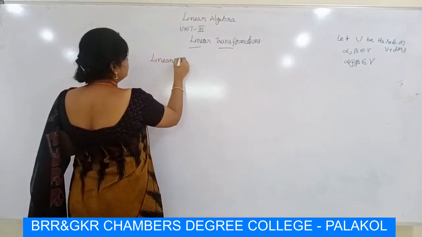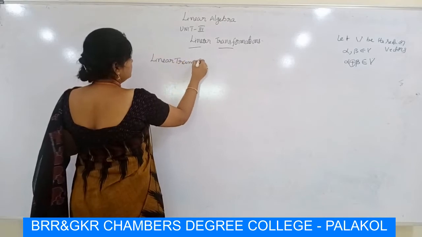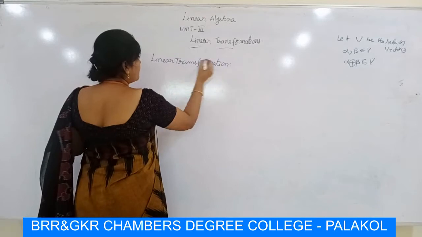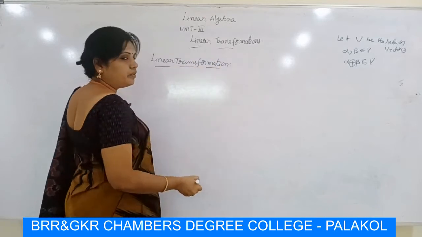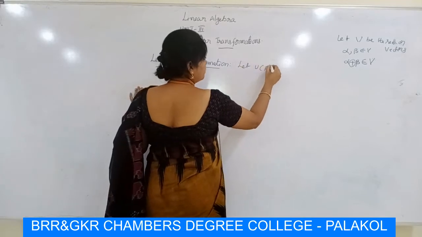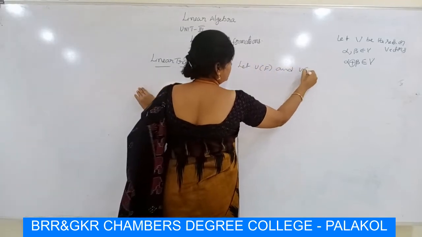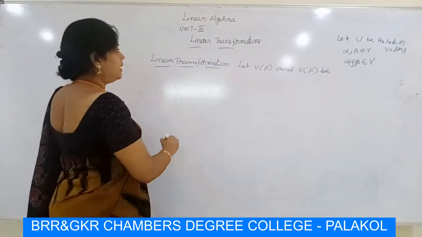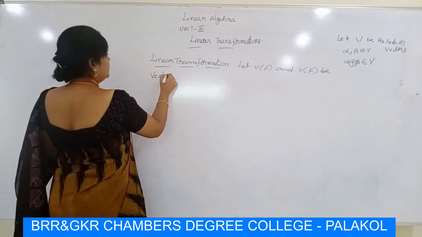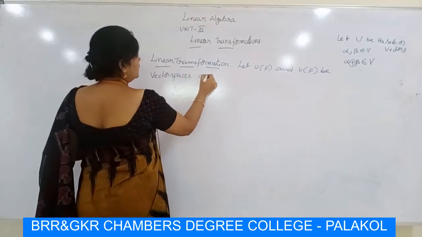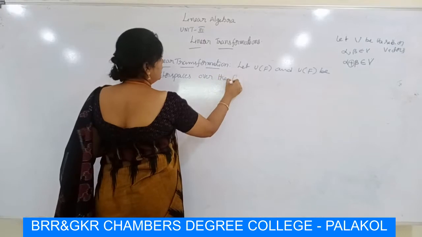Definition: let U of F and V of F be two vector spaces over the same field F.